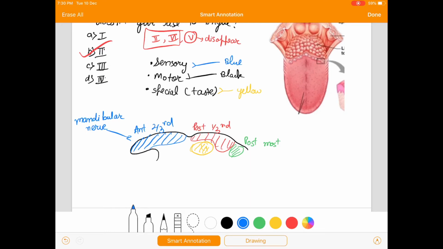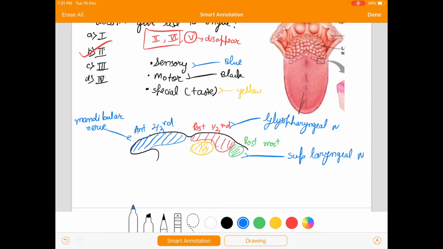Okay. Posterior 1/3 receive its sensory supply from glossopharyngeal nerve. And posterior most receive its nerve supply from superior laryngeal nerve. These are all the sensory nerve supply.